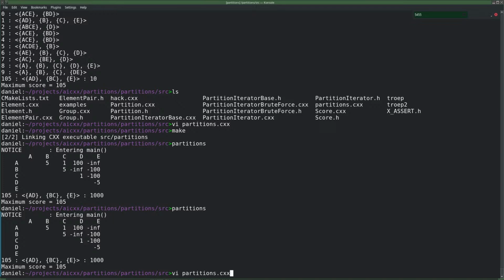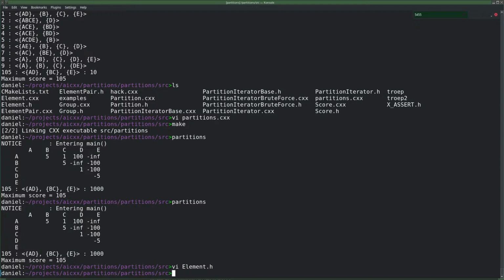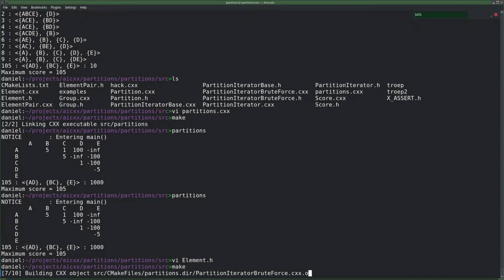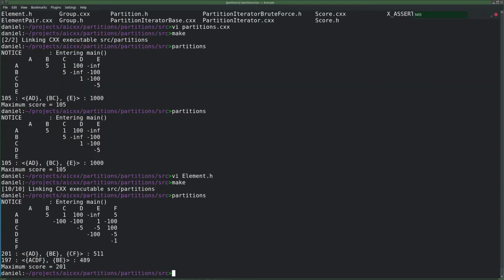So yeah, you have the perfect algorithm, except of course when you increase the number of elements to 6. Oh yeah, at 6 it already fails. So the best solution is this one.